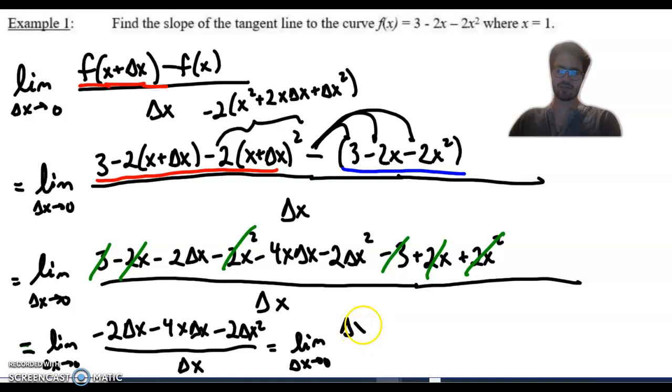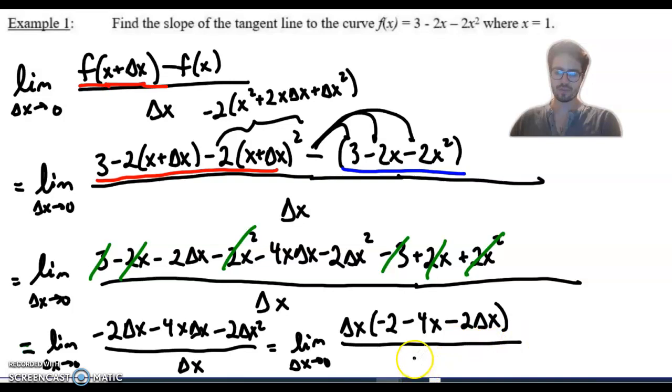If I factor, I can factor one out in the numerator, which makes this go away. Now all I have to do is plug in delta x as it approaches 0. Since this is a polynomial, I can just plug in delta x as it goes to 0.